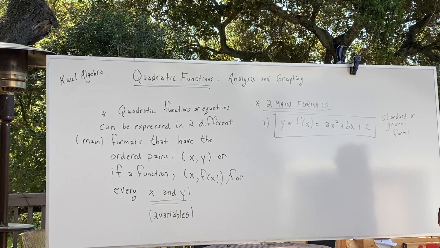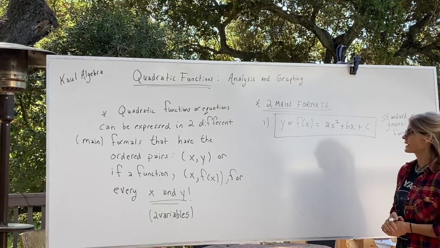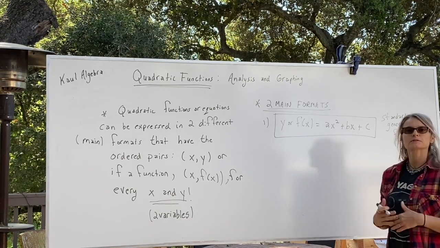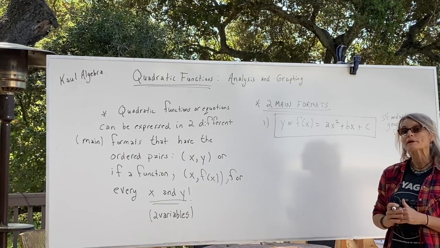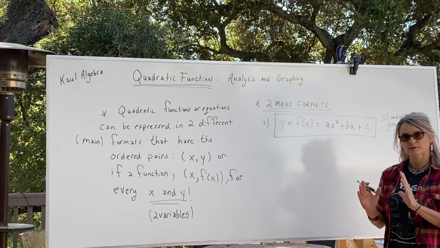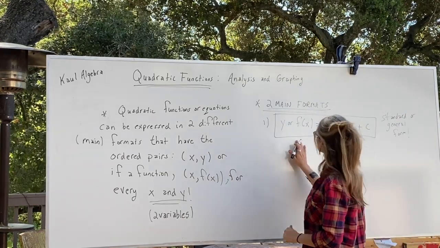What's handy about this format is it's used a lot when you have to find intercepts, when you have to use a quadratic equation, and sometimes it's easy when you're just looking at simple things like the opening of the quadratic function as far as the graph is concerned, and some other small little properties. So here's your main format.